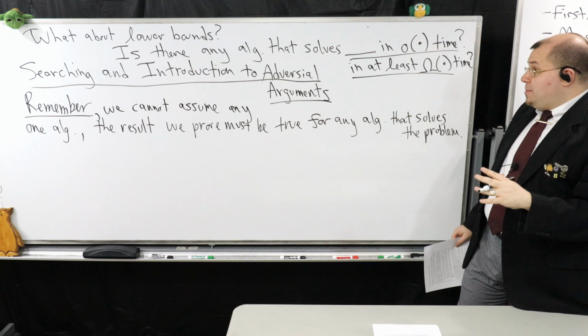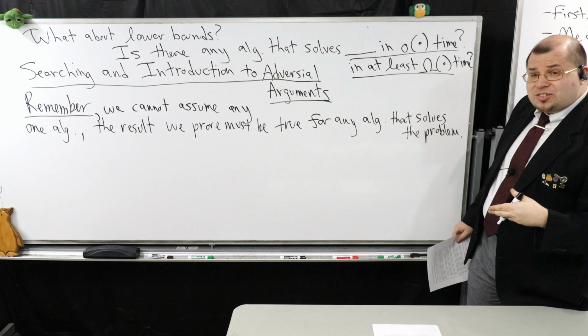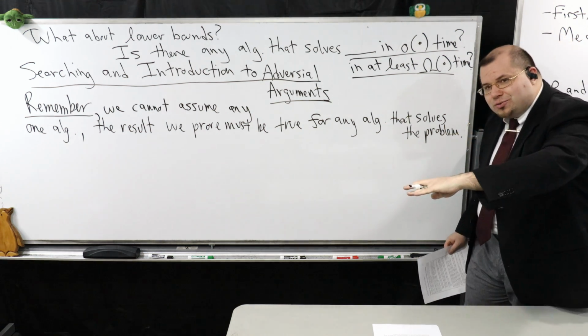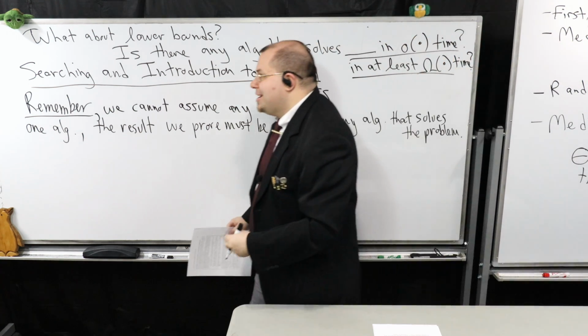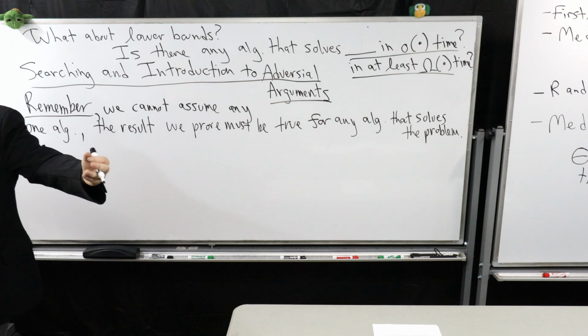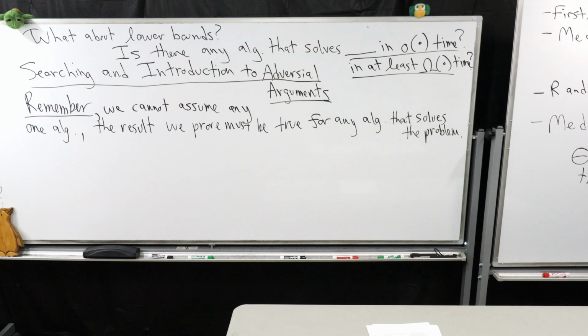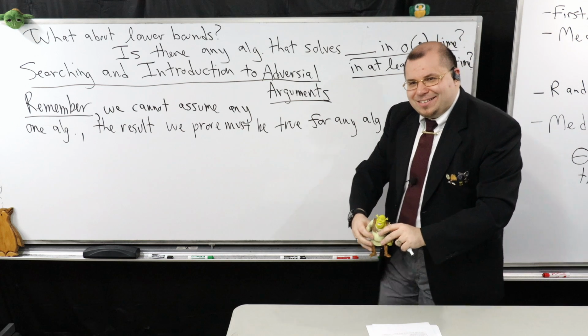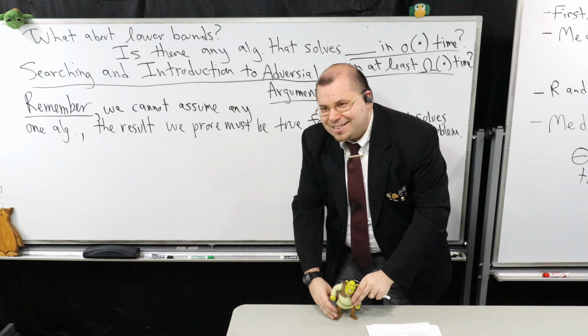You could derive all sorts of bounds through particular algorithms, but if you want absolute results, you can't make any assumption about what the algorithm does. So this is where I'm going to bring in our best friend, the adversary. Let me go get my adversary. Okay, here's my adversary.